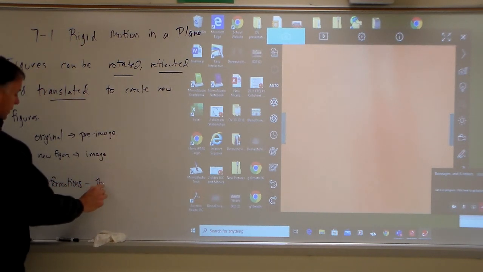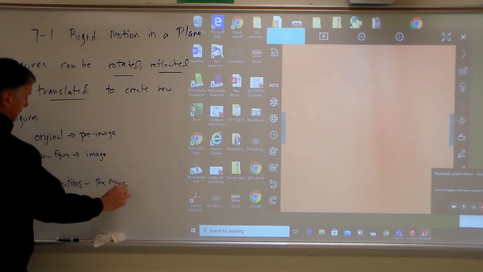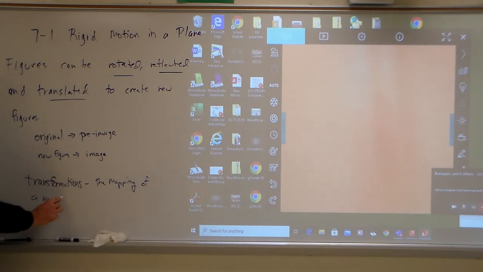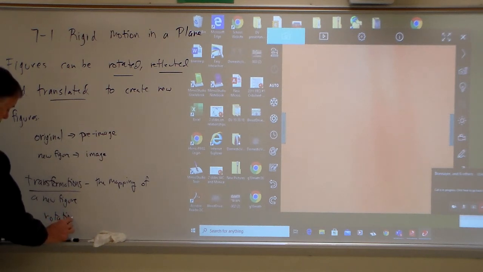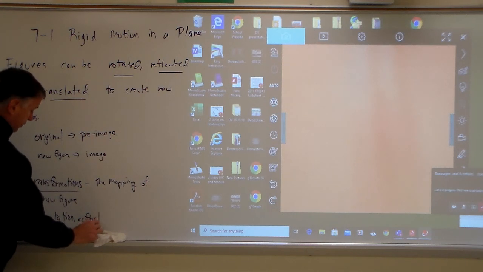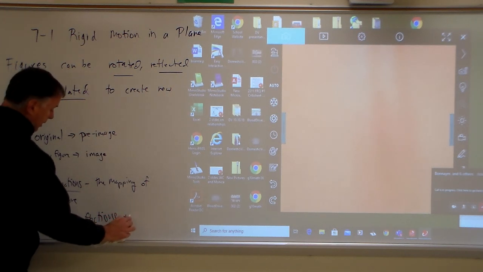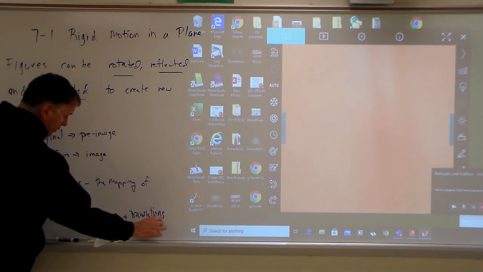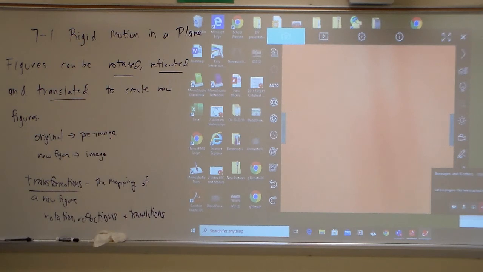So that's the mapping of a new figure. And the major types we're going to talk about are rotations, which is actually the hardest of them, reflections, and translations. Okay, so that's the main gist of stuff in this section.